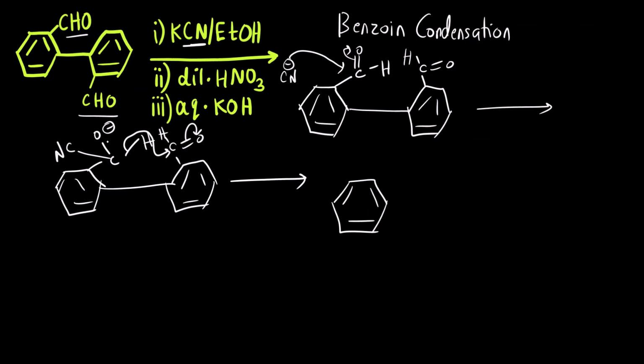This O minus will pick up a proton from the ethanol and it will become OH. This attacked this carbon. So how many membered ring is forming here? 1, 2, 3, 4, 5 and 6 membered ring.